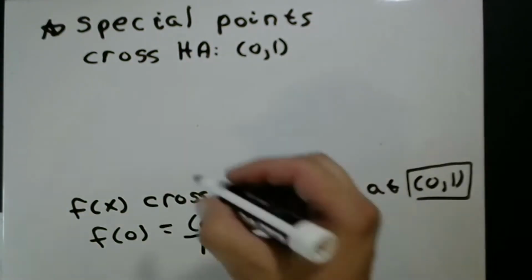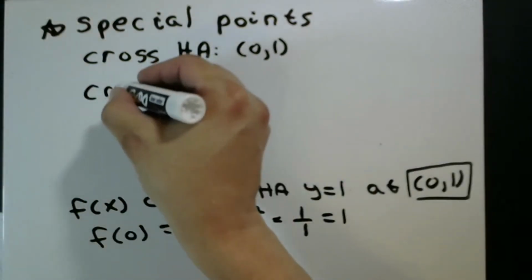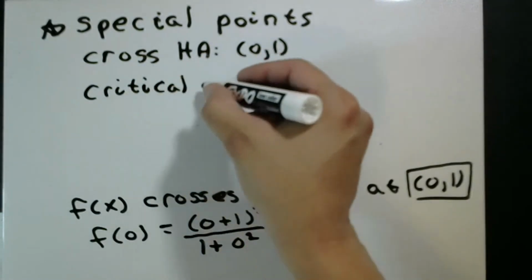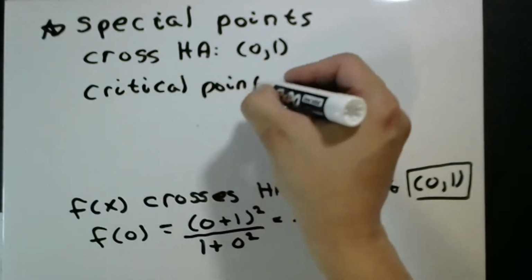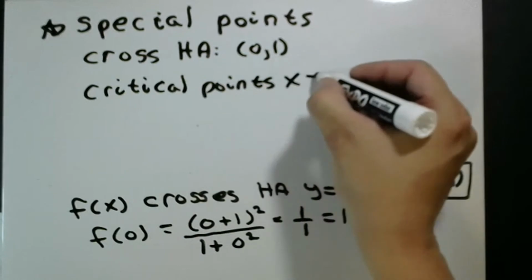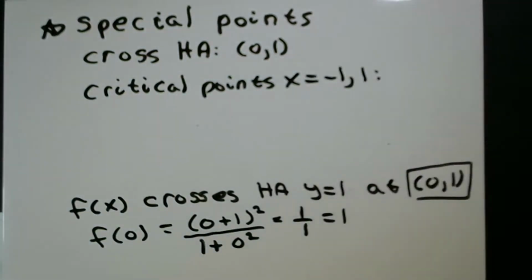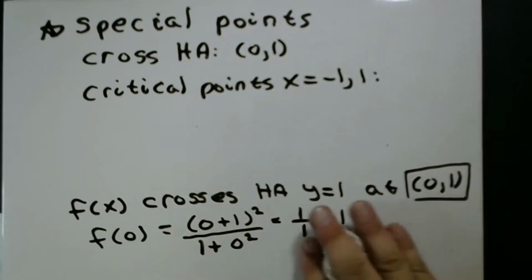Let's find the exact location of the critical points. We know the location along the x-axis. Let's actually make these points that we can plot.